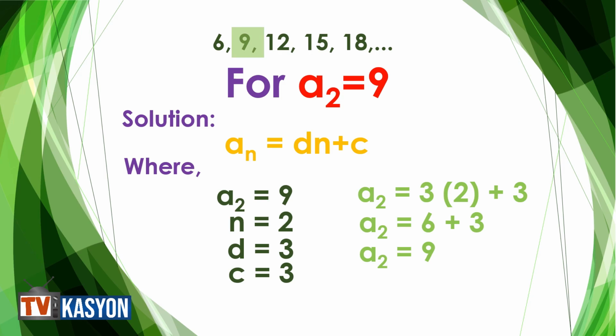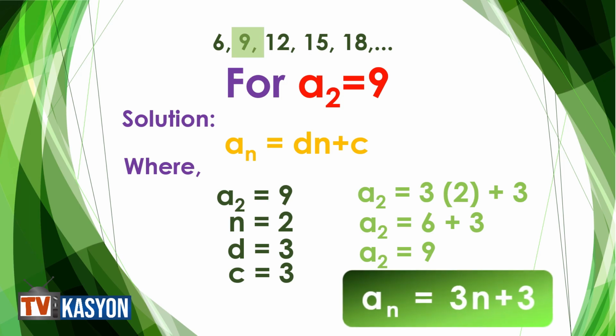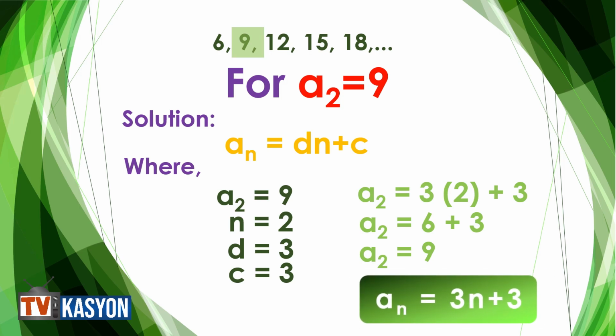Looking at the calculations and using the values of the common difference denoted by d and the constant denoted by c, we can say that the formula works in generating the succeeding term of the sequence. Thus, the general term of the arithmetic sequence 6, 9, 12, 15, 18 is a sub n equals 3n plus 3.